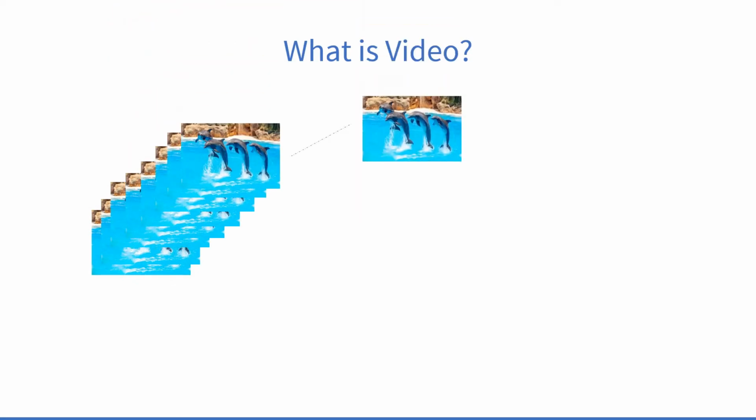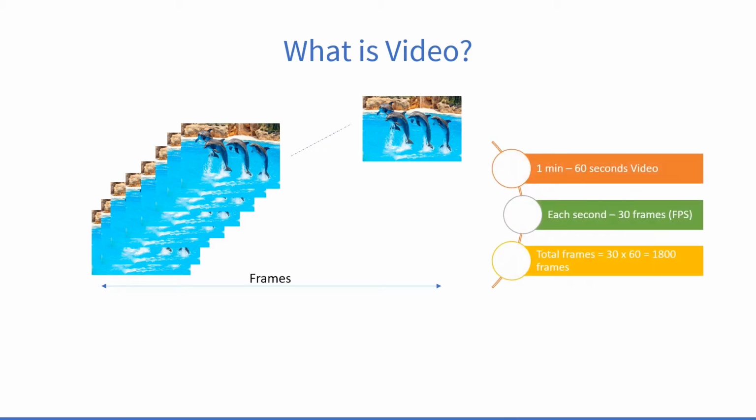What is video? We have seen videos are a collection of frames, and here a frame represents a single image at one instant of time. And how many frames will be present in a video? Let's analyze. Let's take a video having 1 minute of duration, so it has 60 seconds and each second has 30 frames.